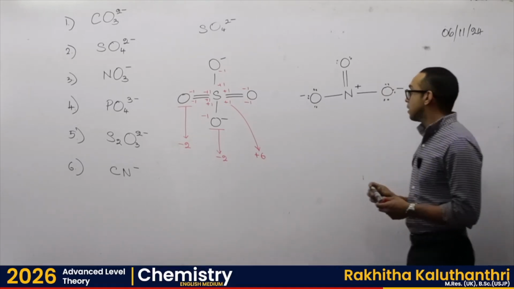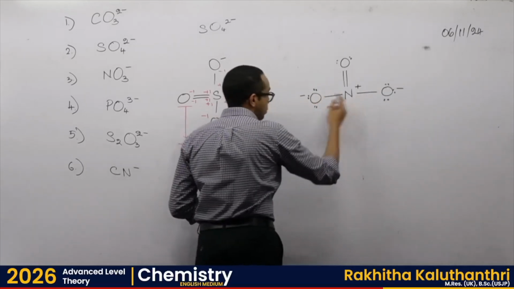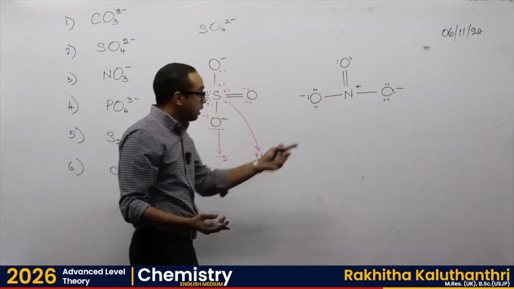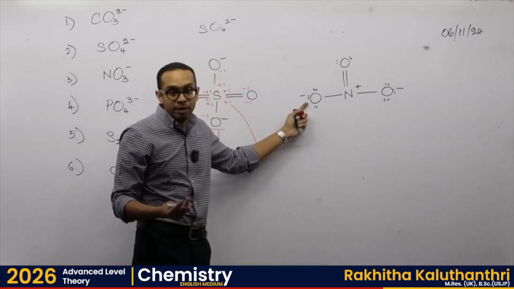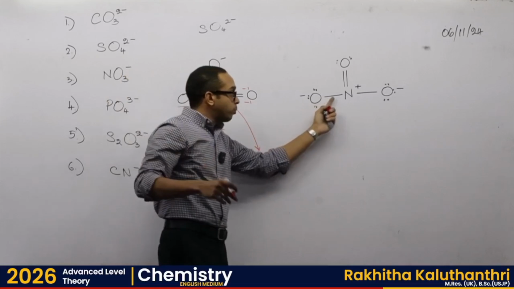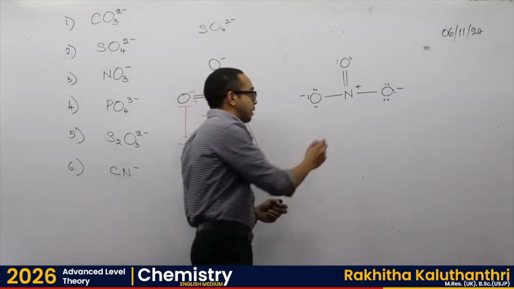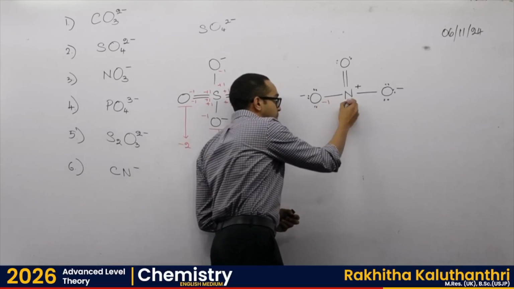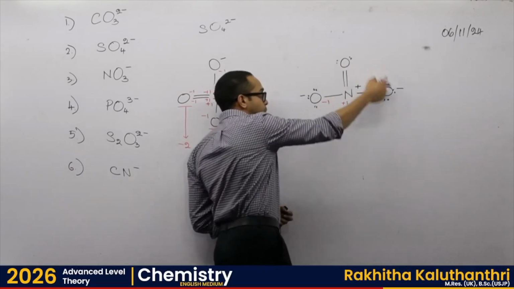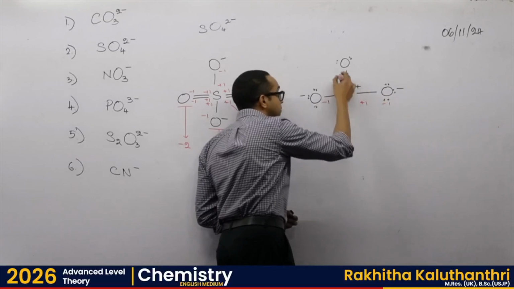Very good. So therefore, over here, if you talk about the electronegativities, nitrogen is less electronegative than oxygen. Oxygen is more electronegative. So therefore, bond electrons are going more towards what? Oxygen. So oxygen becomes -1, nitrogen becomes +1. Same for all the bonds here. Oxygen becomes -1, nitrogen becomes +1.